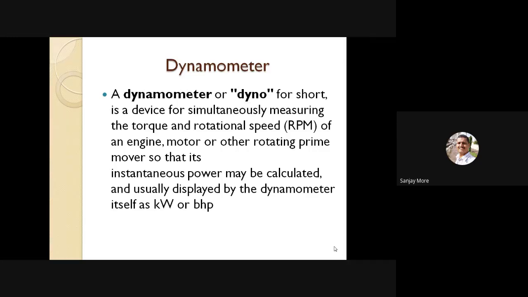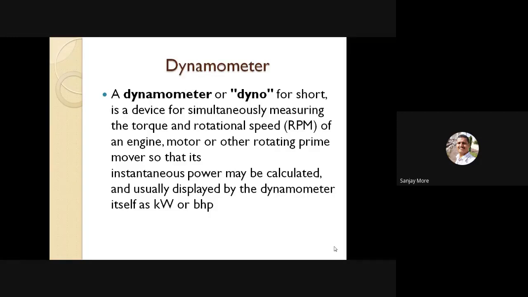Okay, so write down the definition of dynamometer. It is a device to measure the torque and rotational speed (in brackets, rpm) of an engine, motor, or other rotating prime mover.